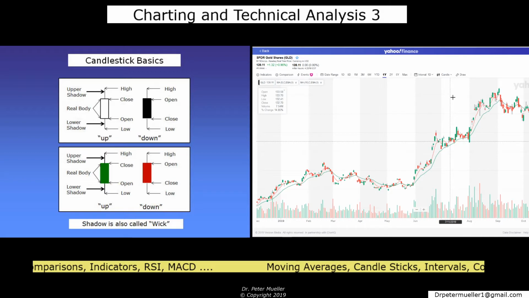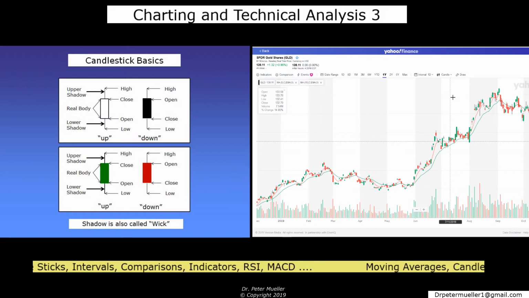Here you can see on the left hand side, when you use a version in a book, they have black and white charts, but if you have a colored version, most of the software shows you the candlesticks in green and red bars representing the up days. So in other words, when the closing price is higher than the opening price, this is represented in a green bar.